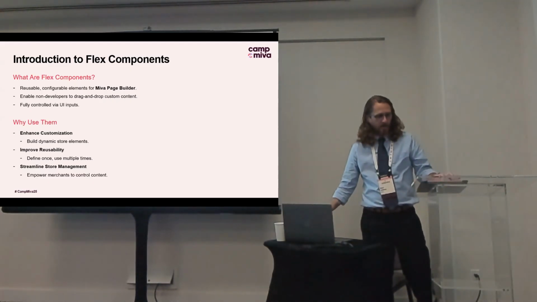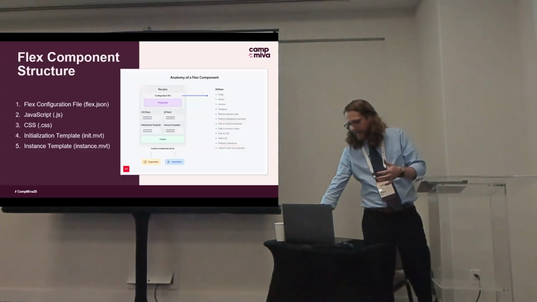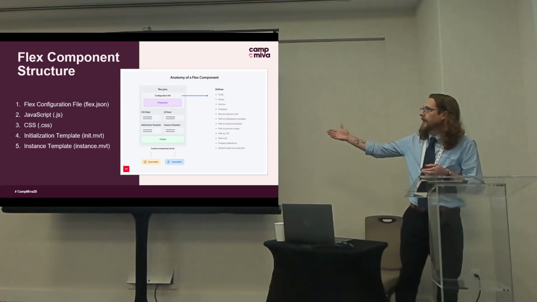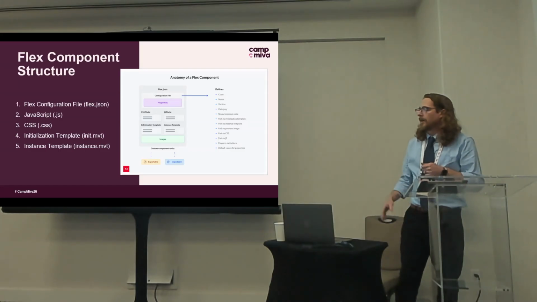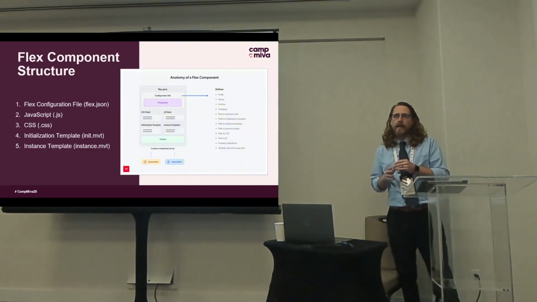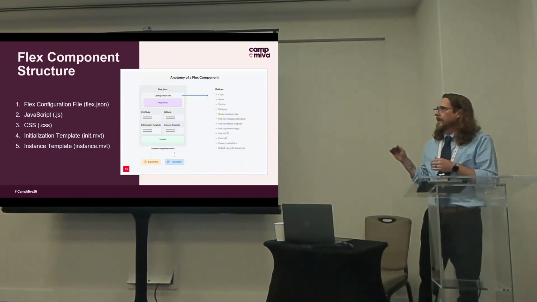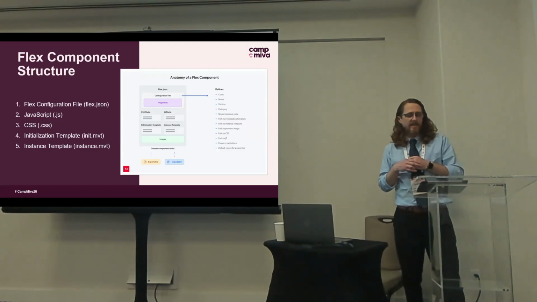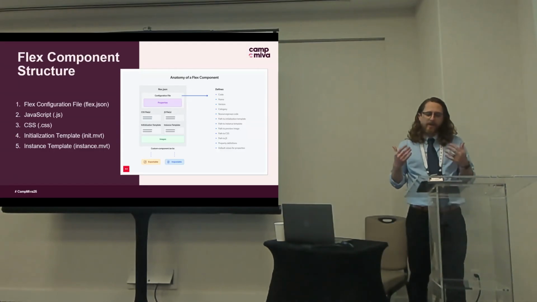Okay, so let's talk about an actual Flex component. Here is a handy dandy diagram of what a Flex component consists of. But at the end of the day, the main driving force of a Flex component is your Flex component configuration file, which is a JSON file. It's the brain of the Flex component.